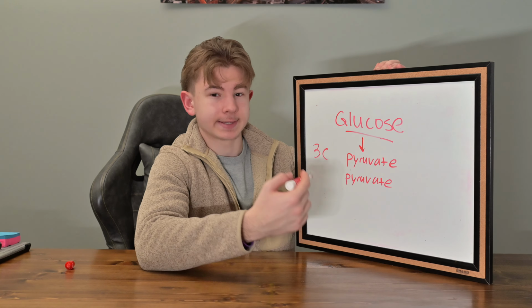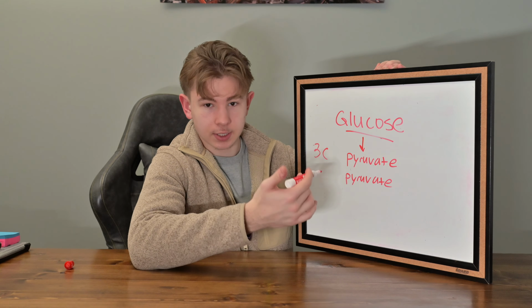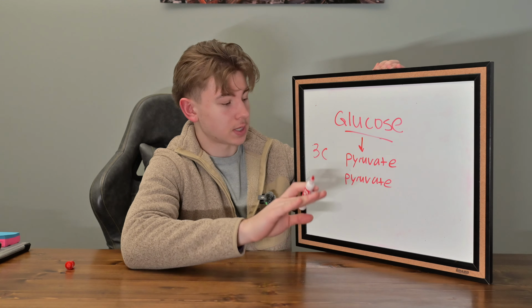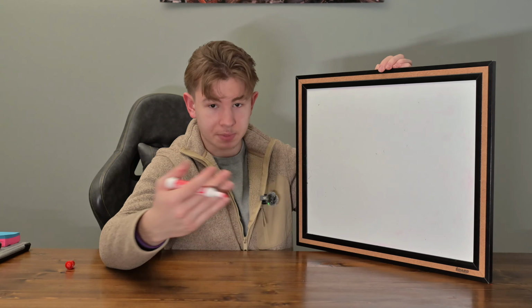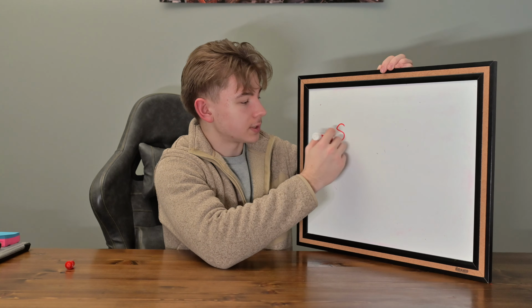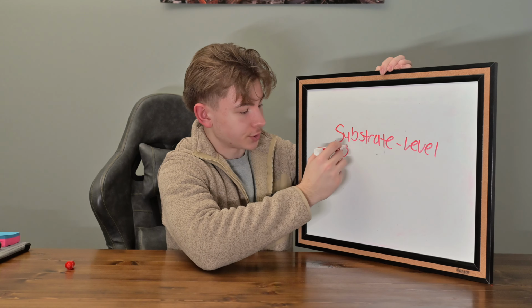Glycolysis actually makes energy. Now, if you recall back to the initial investment, we added 2 ATP to even start this. So once glucose is broken down into pyruvate, there's this side step, and the side step is called substrate level phosphorylation.